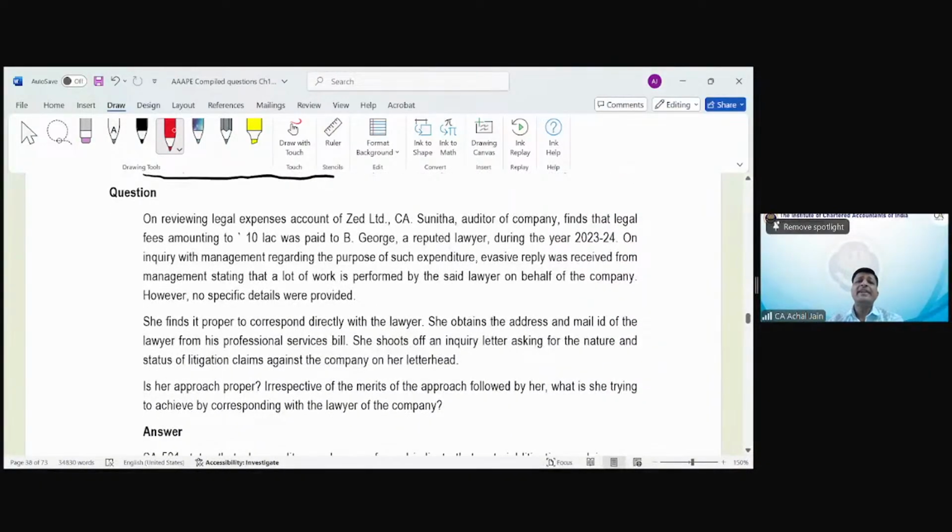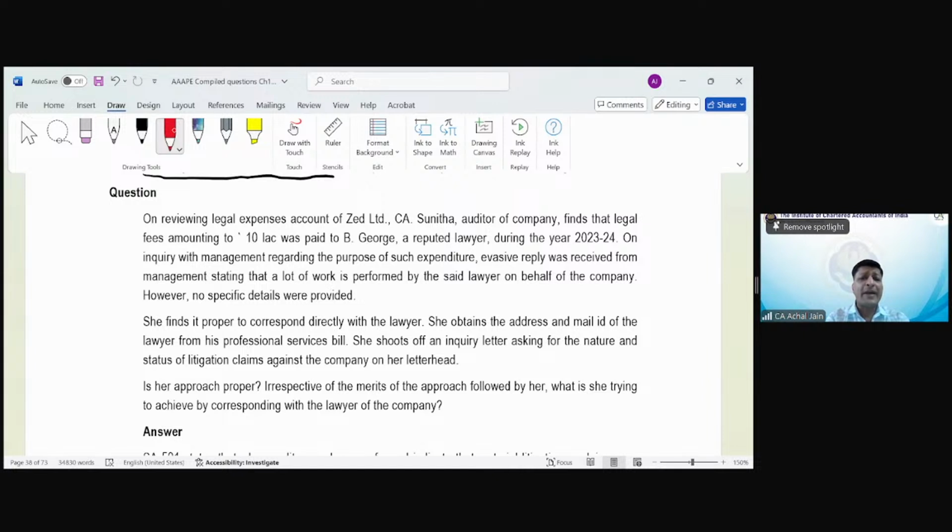On reviewing the legal expenses account of Z Limited, CA Sunita, who is the auditor of the company, finds that legal fees amounting to rupees 10 lakhs was paid to B. George, a reputed lawyer, during the financial year 23-24.